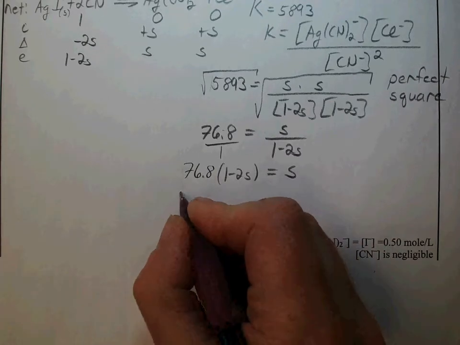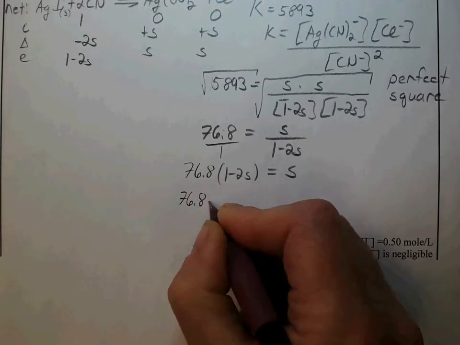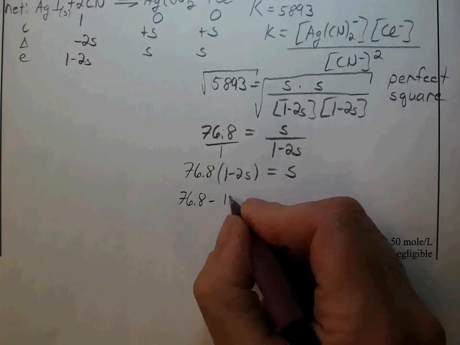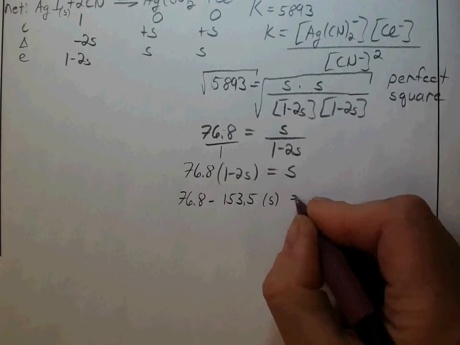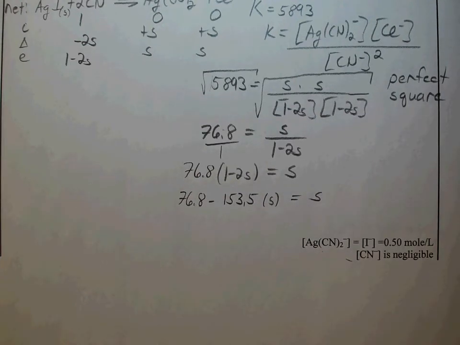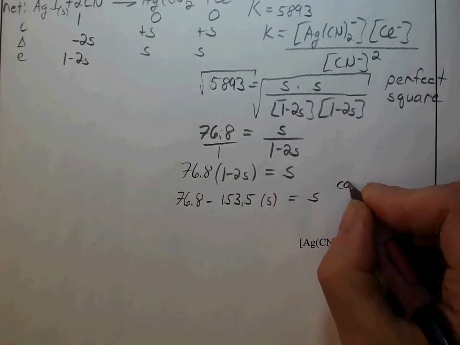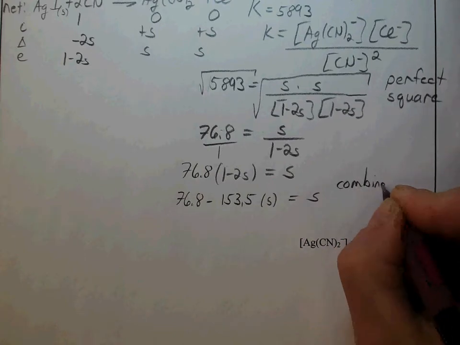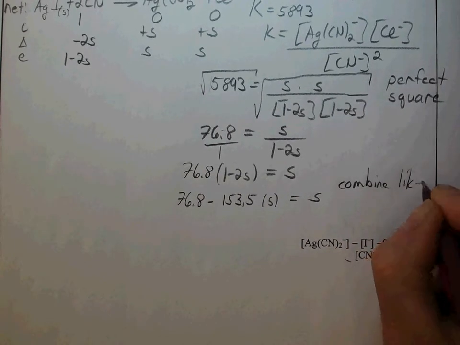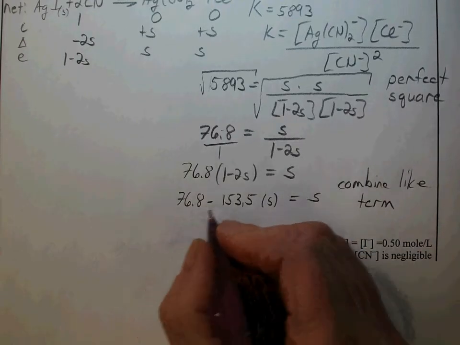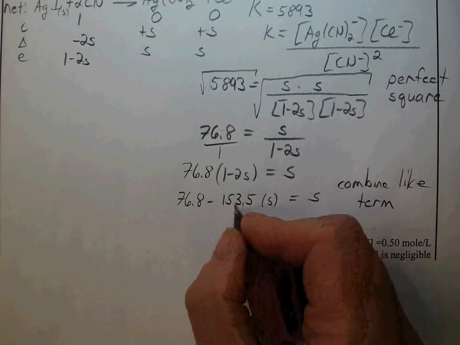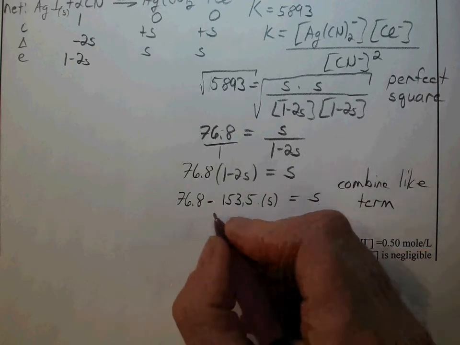So we have 76.8 minus 153.5 times S, and that's equal to S. So we're going to combine like terms so that S is by itself on one side of the equation. So we add 153.5 times S to both sides.